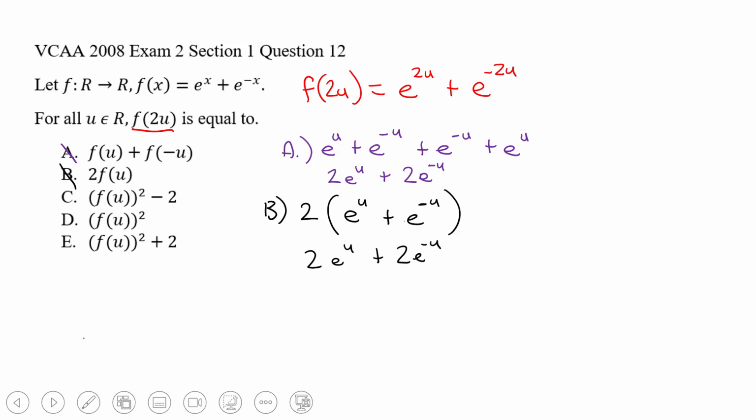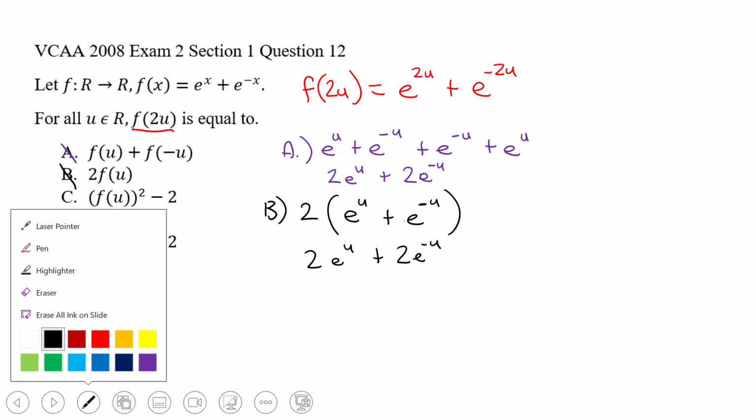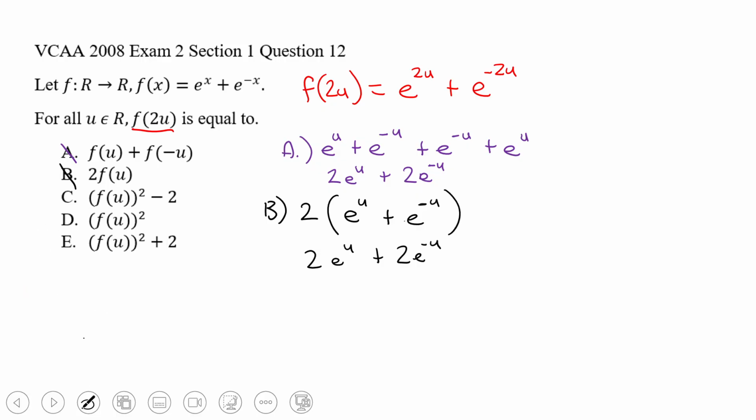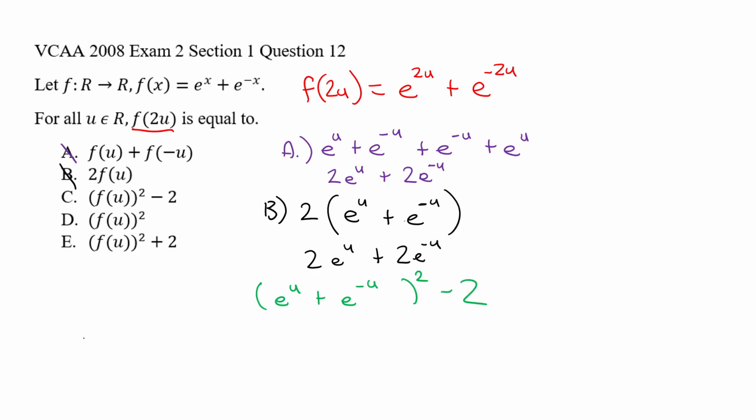It can't be B. So then I'll look at C. Let's use green. I'm going to first substitute that u value in, and then I'll take away 2 on the end after squaring it. If I put u in, it turns into e to the power of u plus e to the power of negative u, squared, minus 2.